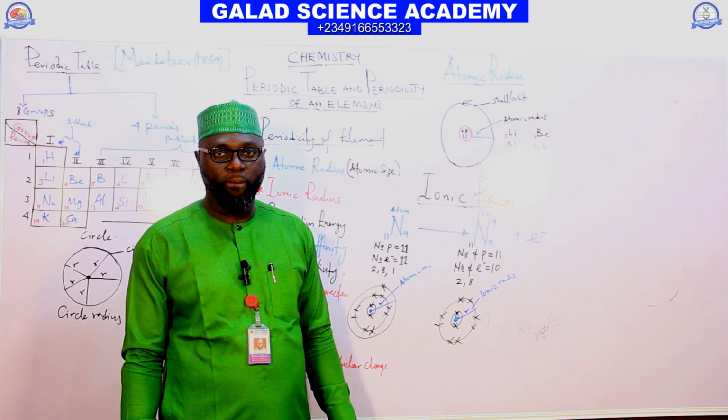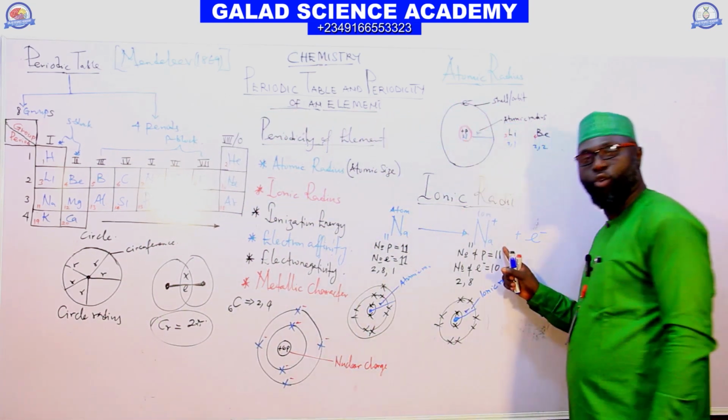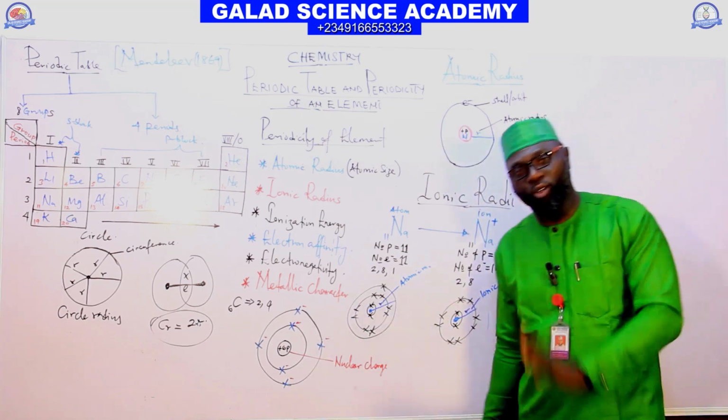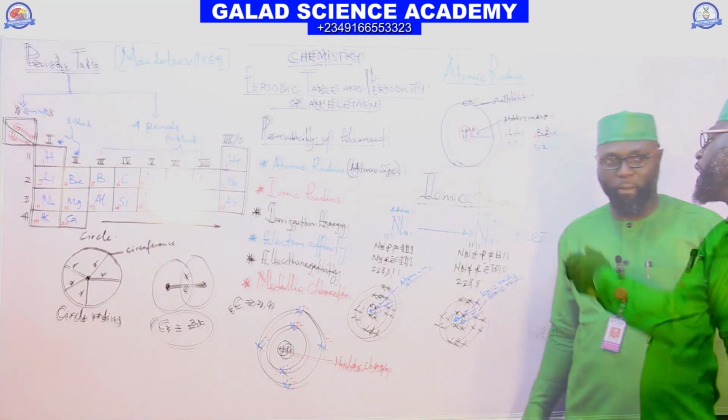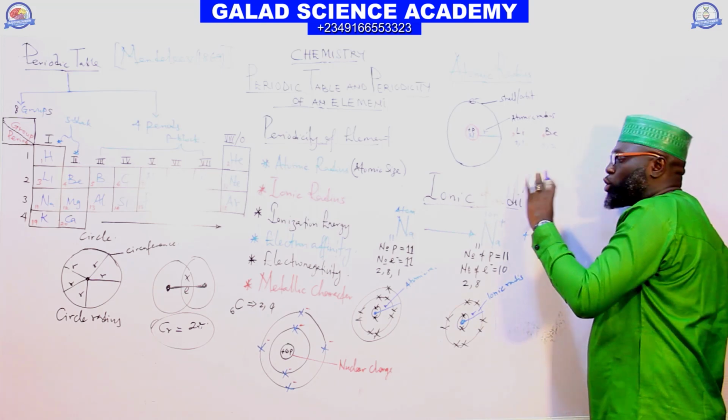And the ionic radius can be divided into 2. We have it for anion, and we have it for cation. So this ionic radius is now divided into 2 parts.